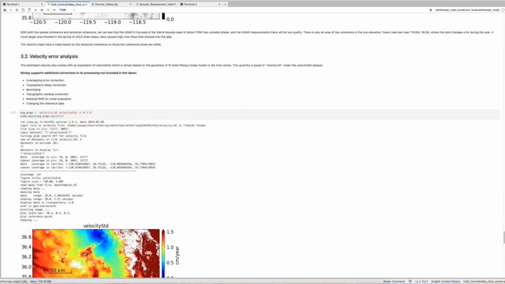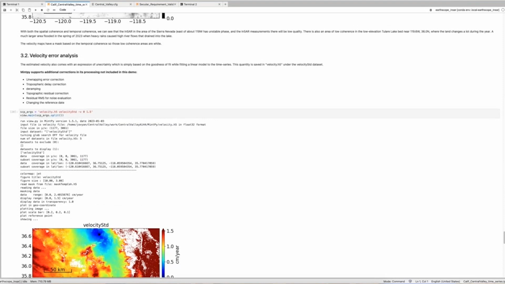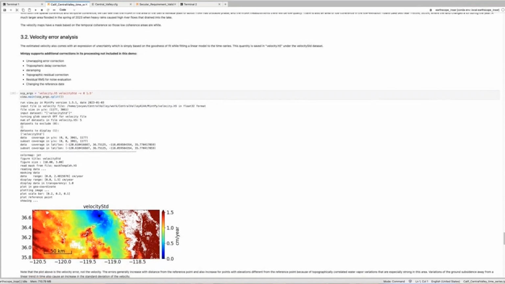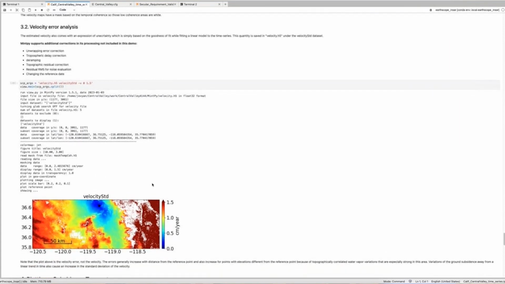Another way to look at the error analysis is to look at the standard deviation. Because we're doing a linear fit to the velocity with time, there's some standard deviation of the residuals from that linear fit, and that gives an idea of the likely errors in the estimate of the linear velocity.